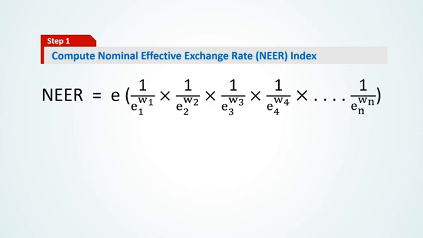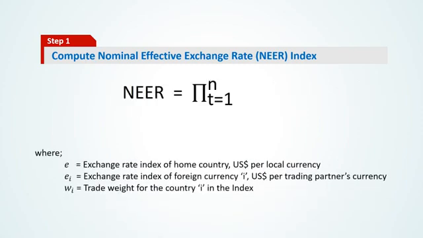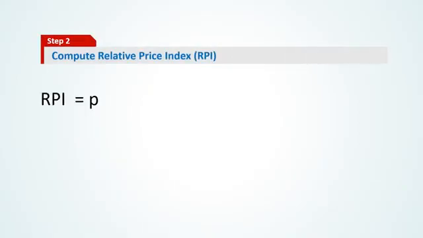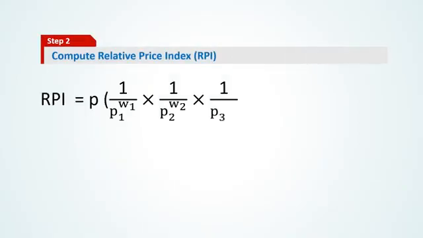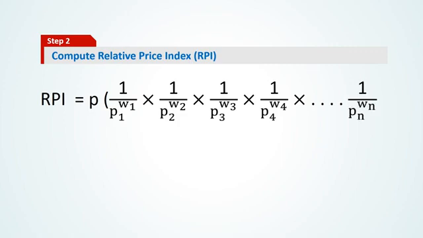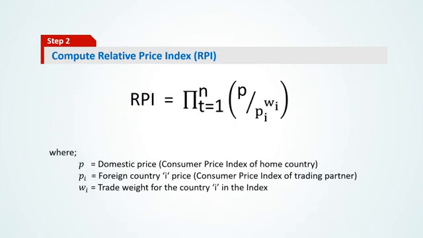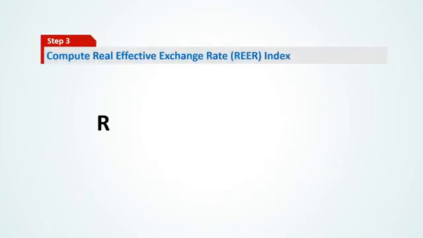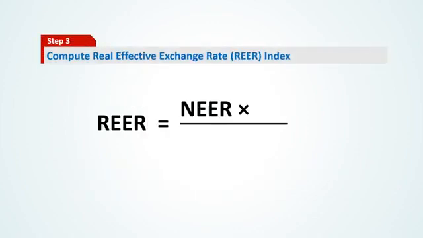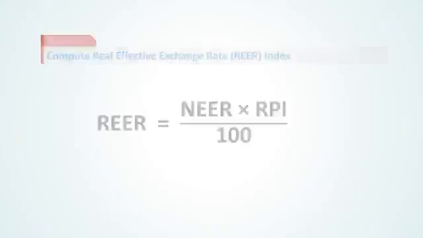Before doing that, it's important to note that the exchange rate of each country is expressed in terms of the US dollar that 1 unit of domestic currency can buy. In the next step, like in the case of NER, we calculate the ratio of domestic price to weighted average foreign prices to get the relative price index, that is RPI. REER is then simply calculated by multiplying NER with the relative price index.